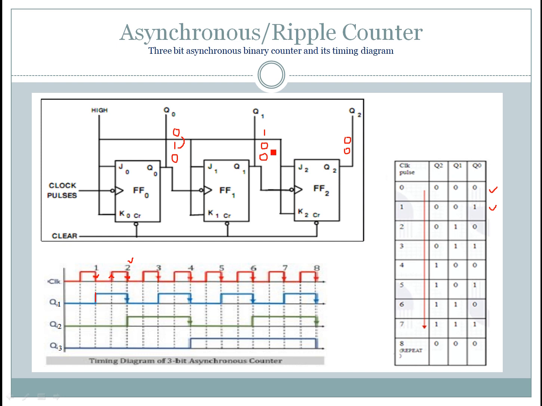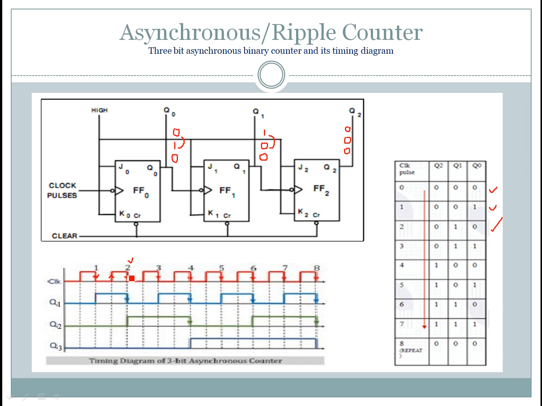And next, the transition here is from 0 to 1. So 0 to 1 is nothing but a positive edge. So FF2 will not change its output. It retains its previous state, that is 0. So now the output is 0 1 0, that is the next count. You can see it in the timing diagram.